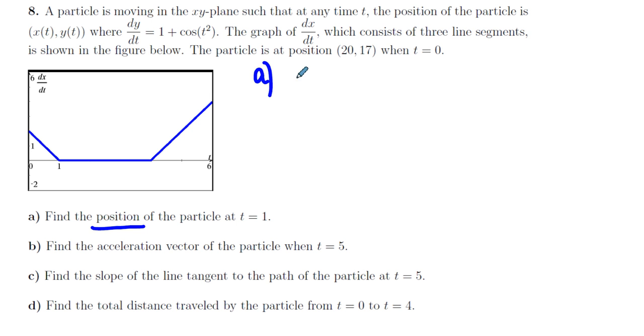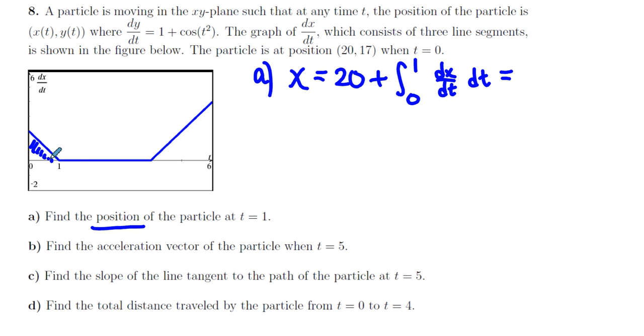So the x position of the particle is wherever it was at time equals 0, plus whatever the integral from 0 to 1 of dx dt is. Well, this is the area. This is the integral of dx dt.